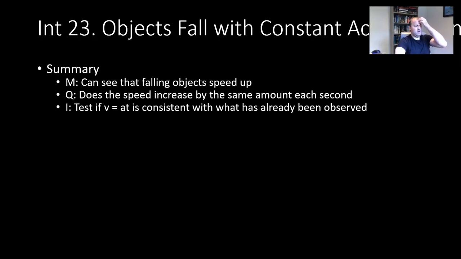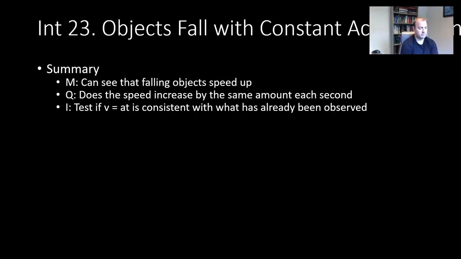And the way I understood the investigation is we're going to assume that that's true, that the velocity increases by the same amount, increases by this amount a each second, and see if that data is consistent with what has already been observed.